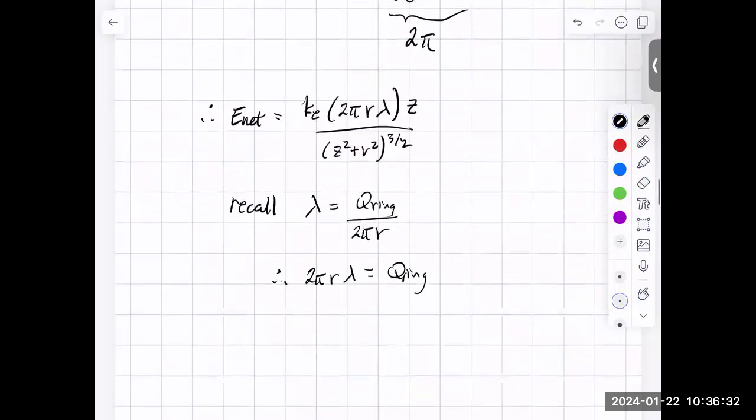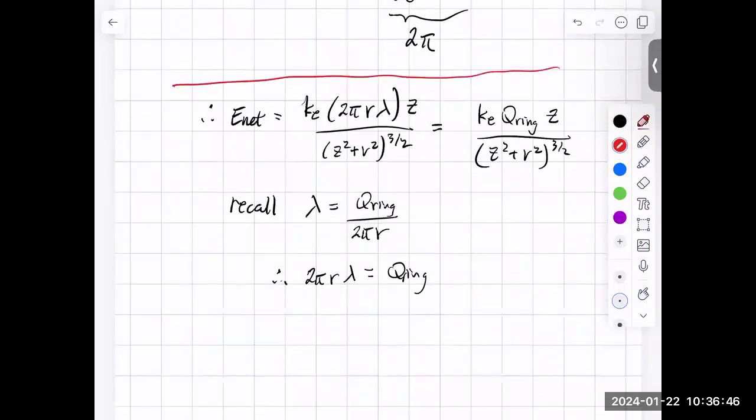So this is Ke times the charge of the ring times z divided by z squared plus r squared to the 3 halves. And so these are 2 equivalent expressions for the electric field along the z-axis with a charged ring centered on that z-axis.